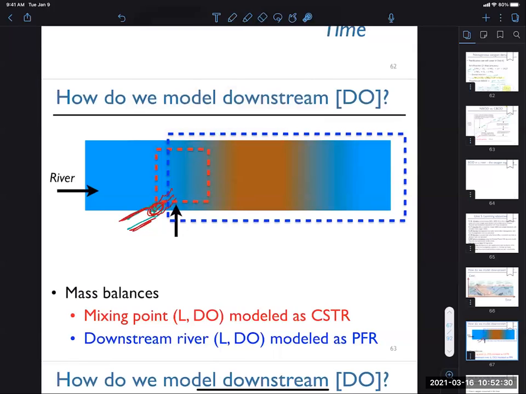And so what we're going to assume is that there's complete mixing across the stream. That is from, say, the side to the other end prior to significant transport downstream.